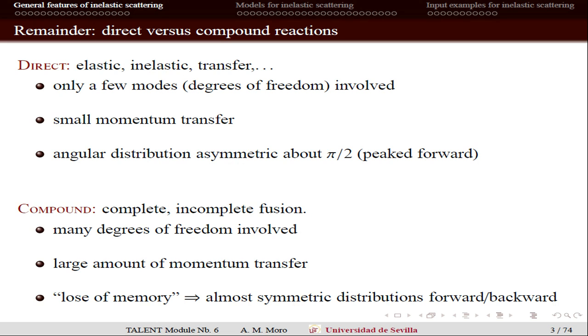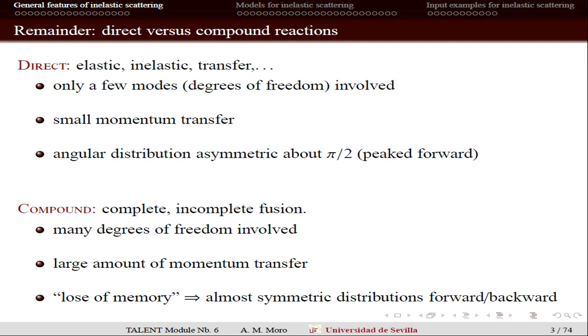These are the fast processes in which typically only a few degrees of freedom are entering into the reaction. They are characterized by typically a small momentum transfer, and these reactions are typically forward peaked, not always, but many times.